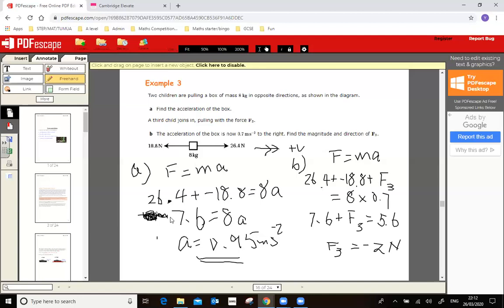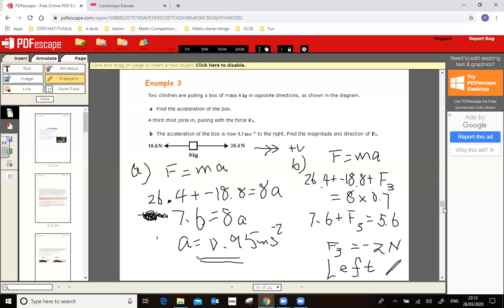So that means the direction of this force is actually towards the left-hand side because it's a negative 2 Newton. So the direction is towards the left. And that's the end of this.